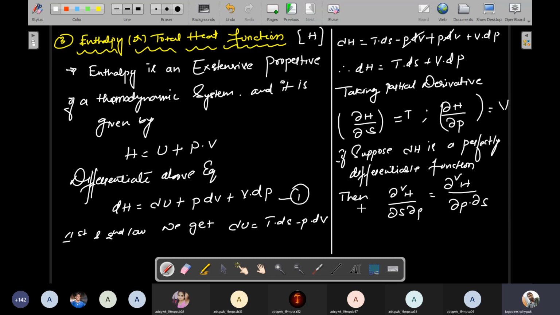It is a perfect partial differential equation. So this is represented by ∂/∂S of (∂H/∂P) is equal to ∂/∂P of (∂H/∂S).